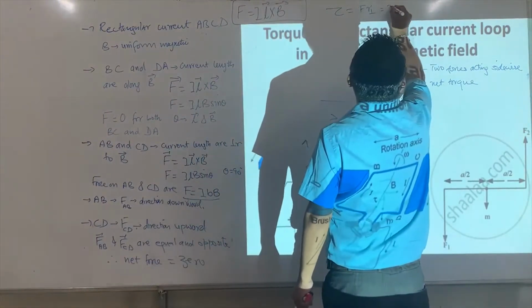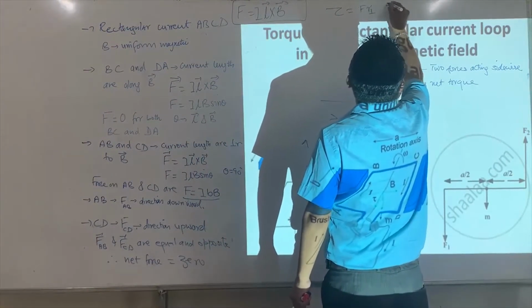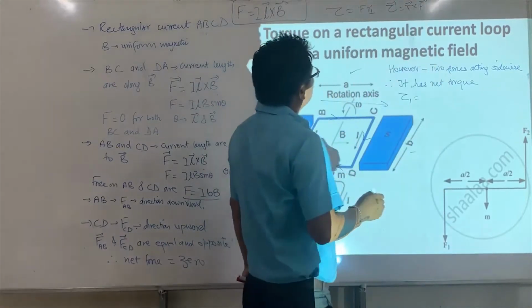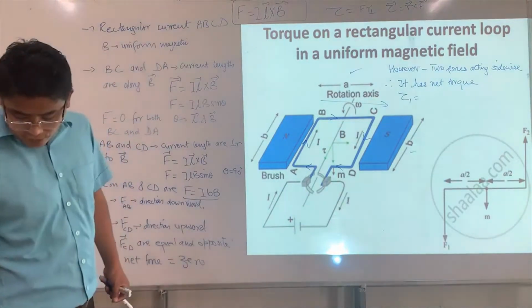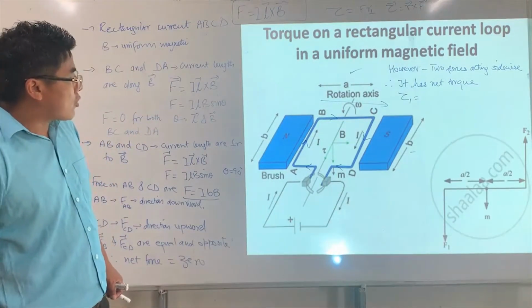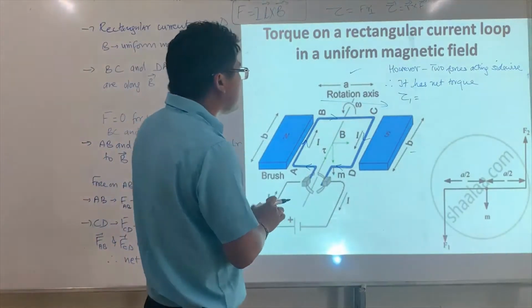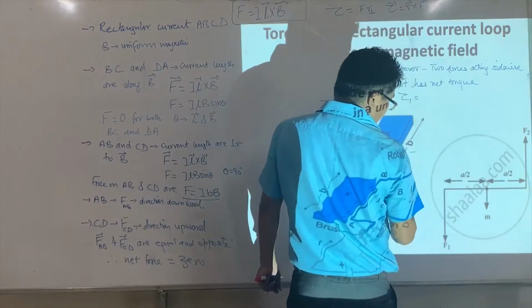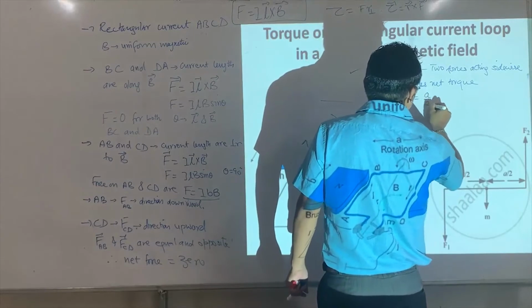The direction I would like to find from R cross F. This is what I have, force, right? So look at here, this is a perpendicular distance. Perpendicular distance is a by 2.